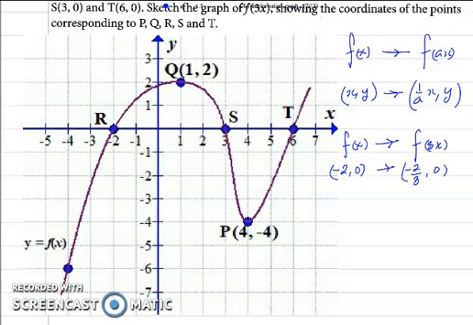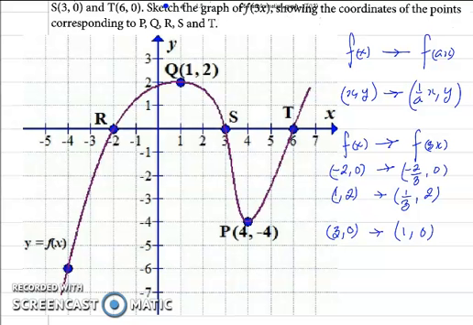Points like Q, which is (1, 2), is going to become (1/3, 2). And points like S, which is (3, 0), is going to become (1, 0).